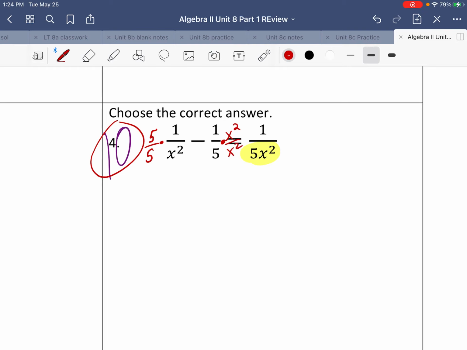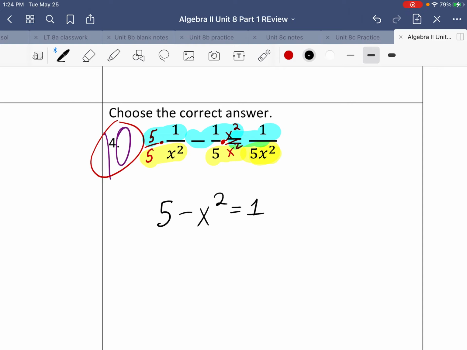X squared. And so now we have 5x squared, 5x squared, and 5x squared. Perfect. Let's look at our numerators now. 5 times 1 is 5, minus 1 times x squared is just minus x squared, equals 1.